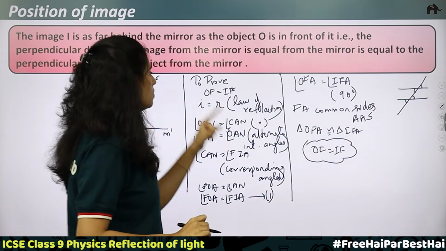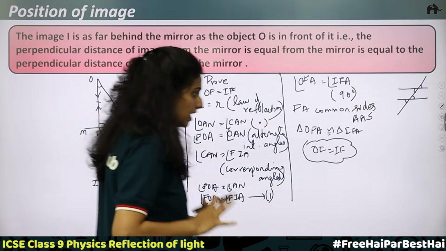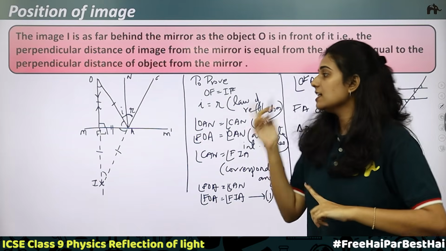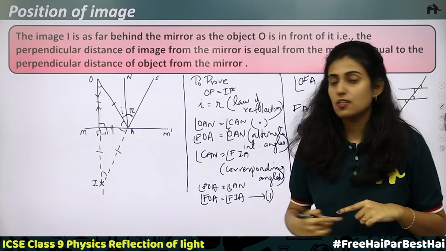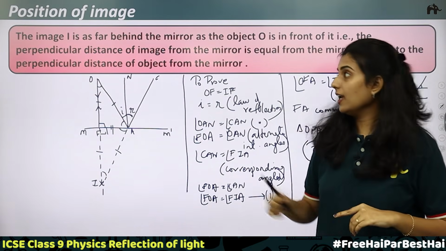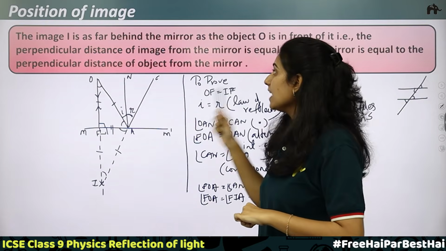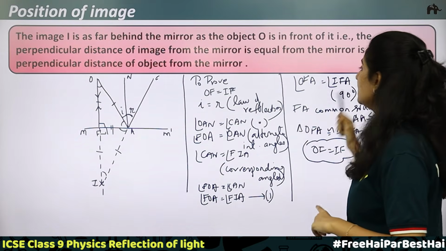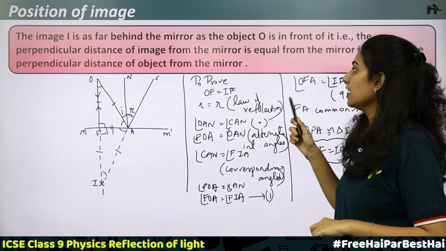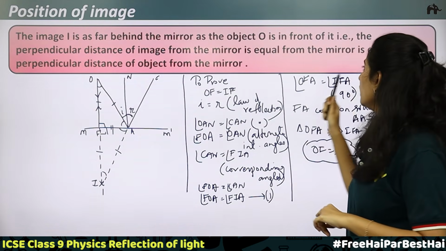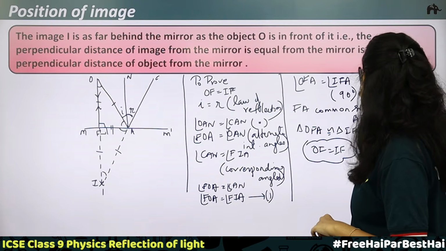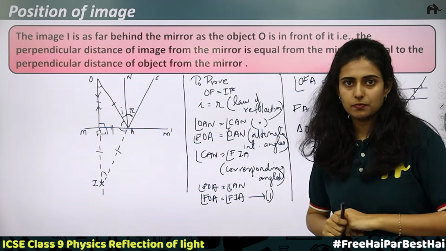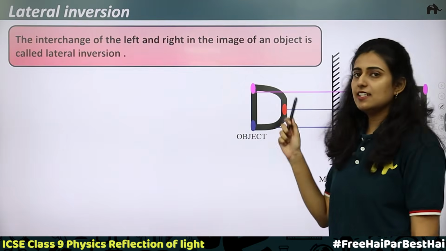The perpendicular distance of the object from the mirror is equal to the perpendicular distance of the image from the mirror. The image I is as far behind the mirror as the object O is in front of it. Okay, got it? Lateral inversion.